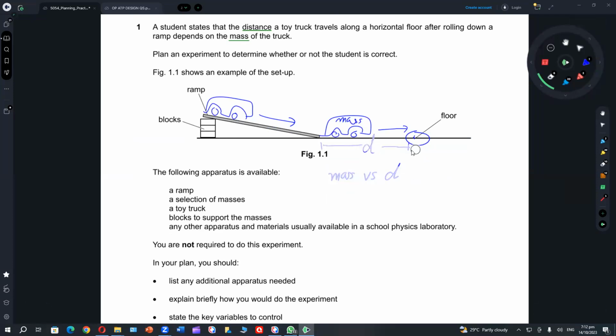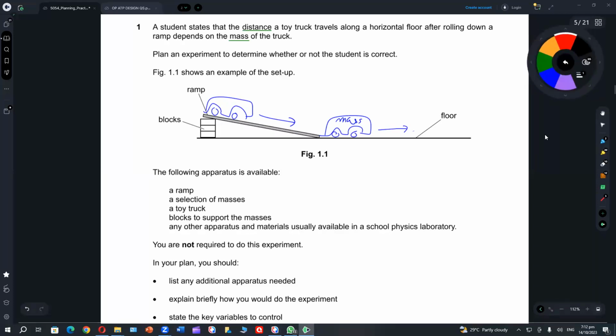So let's make some additions on the diagram. Let me make a marking here, a red mark.